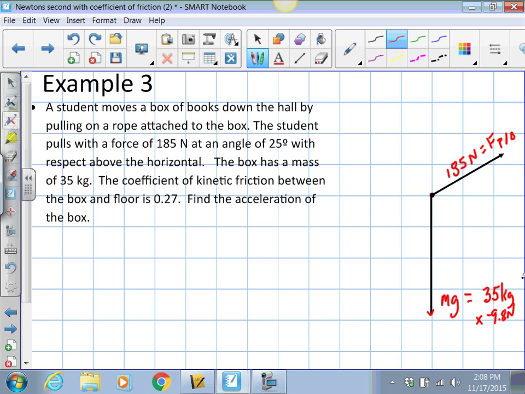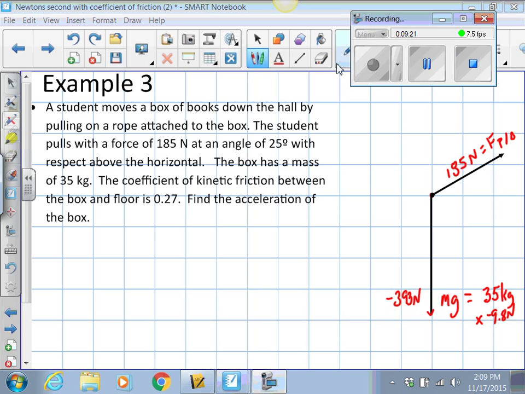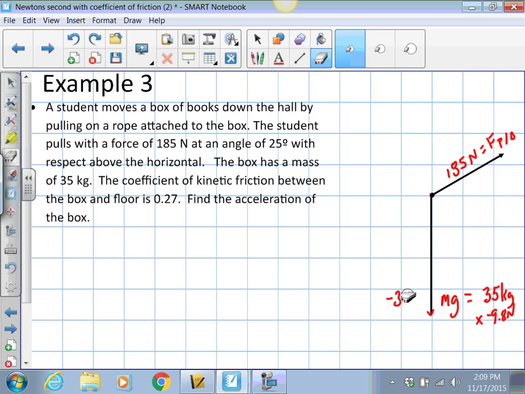And let's see, I've got that as negative 393 newtons. Check me on that though. Okay, so this is then 343.